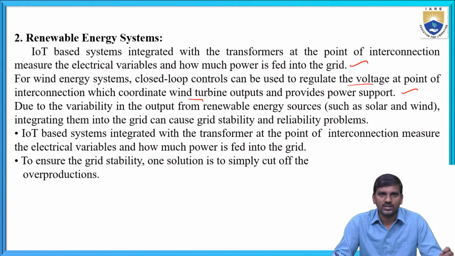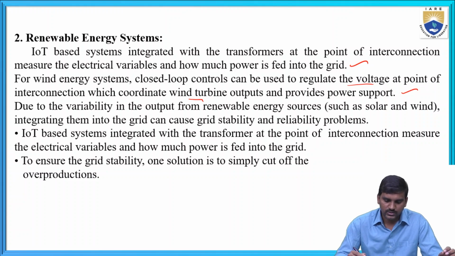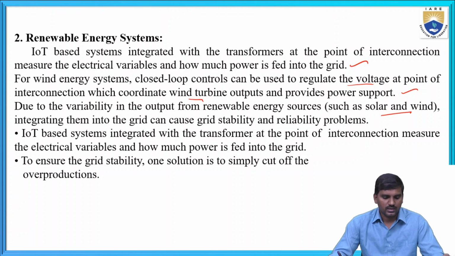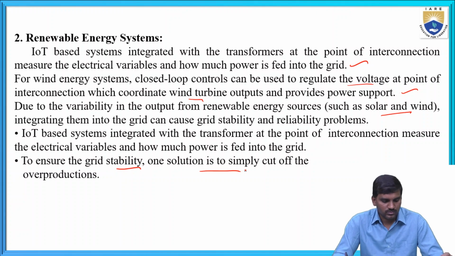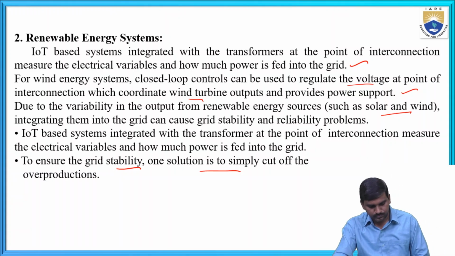Due to the variability in the output from renewable energy such as solar and wind, integrating them into the grid can cause grid stability and reliability problems. To ensure grid stability, one solution is to simply cut off the overproduction.